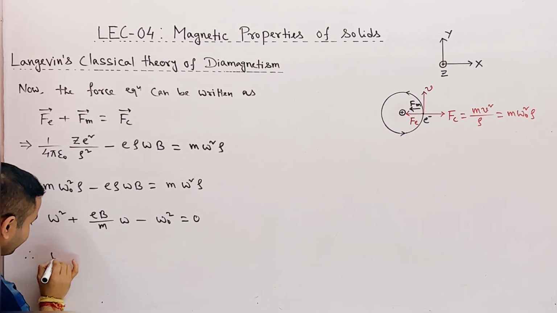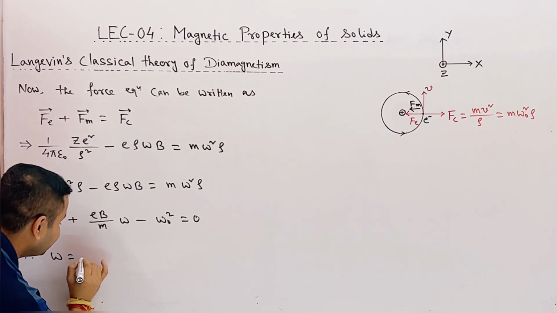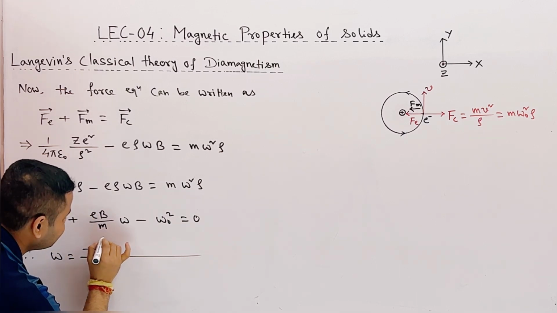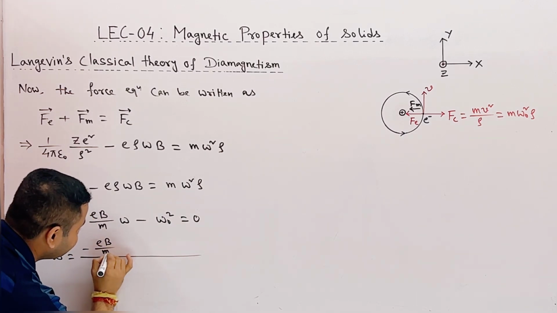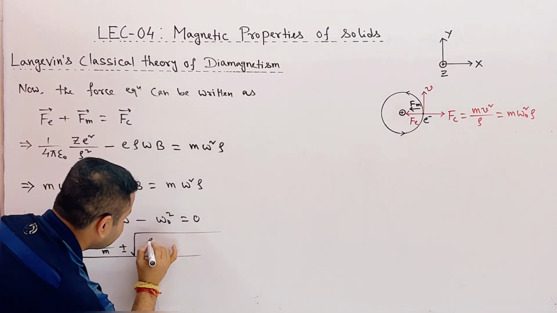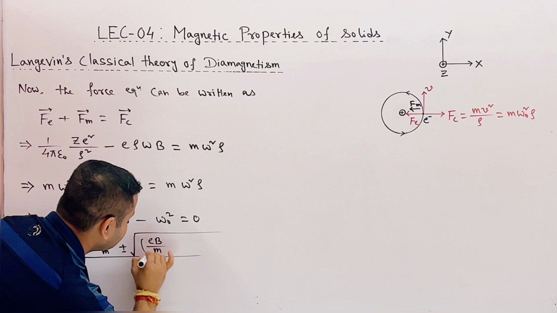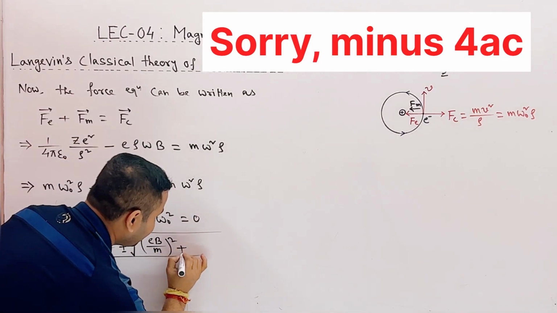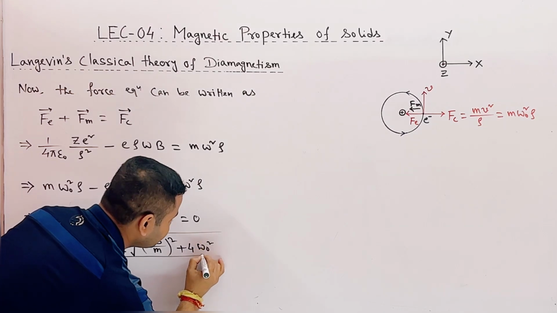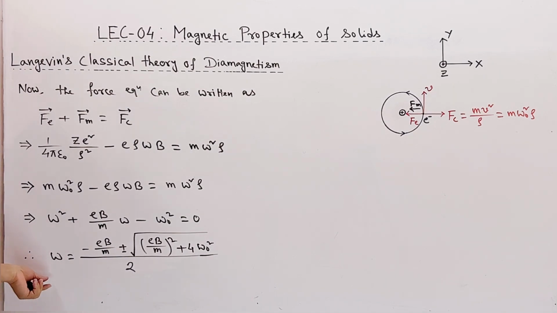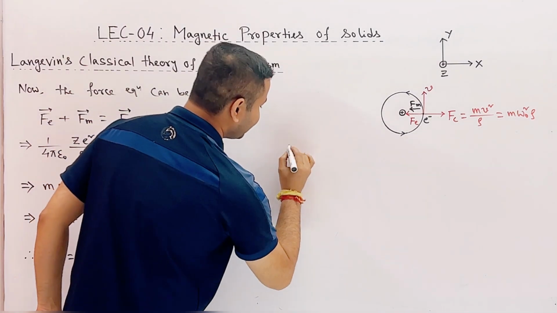The value of omega can be obtained by using this relation: minus b, that means eB by m, plus minus root over eB by m whole square minus 4ac, which means plus 4 omega naught square, divided by twice a, divided by 2.